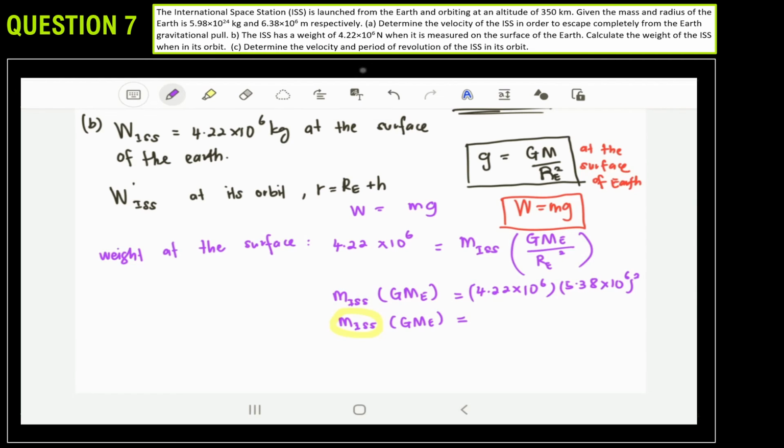Okay, so the answer is 1.718 times 10 power of 20.